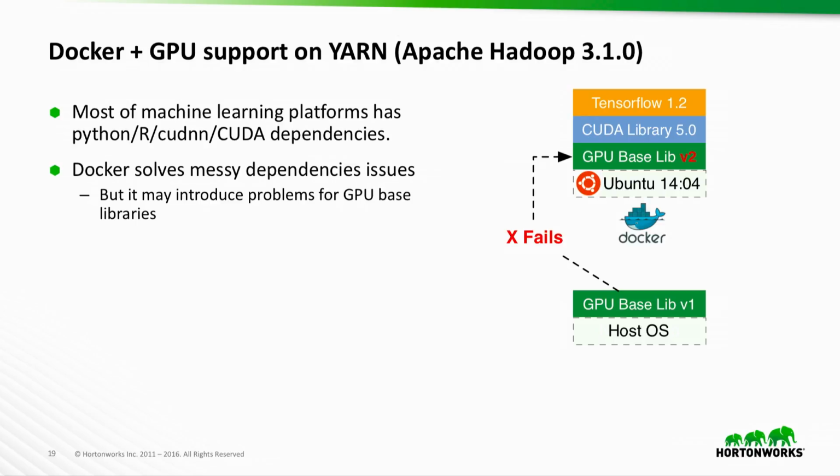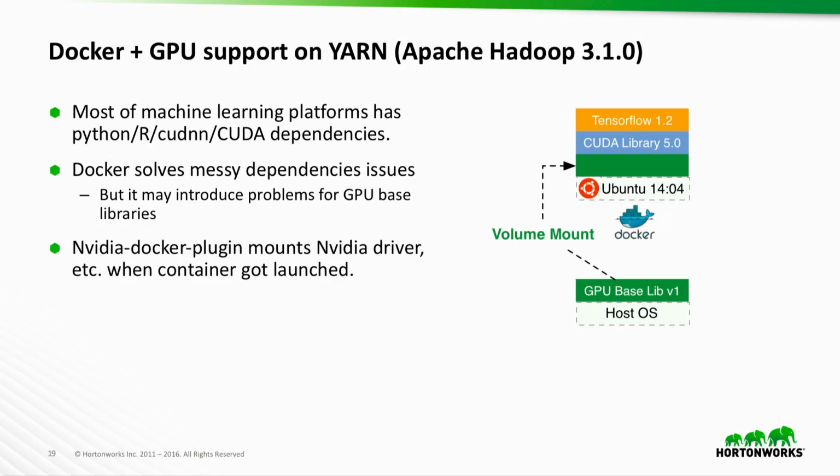The better approach is to use Docker to isolate these packages inside the application. Docker is good, but it can introduce other problems. If the GPU-based library inside the Docker container conflicts with the host OS and GPU-based library, including drivers, etc., we cannot run the Docker container.